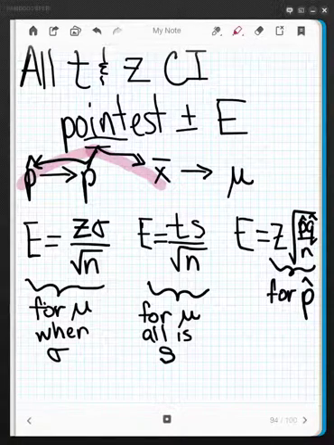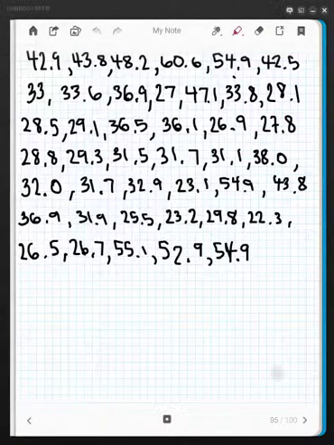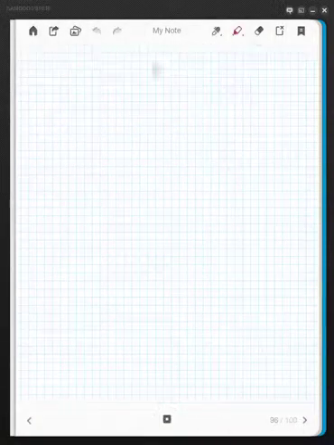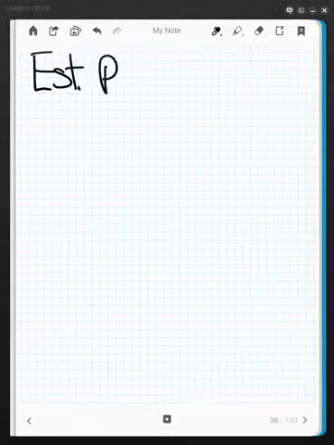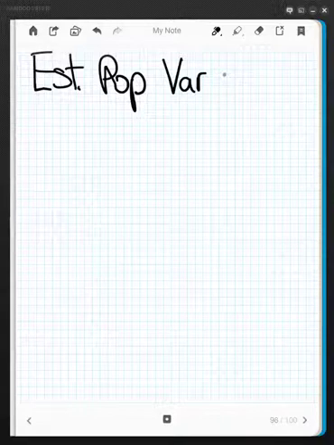So I'm going to now talk about the variance, which is the last thing that I cover. Estimating a population variance is not based on a symmetric interval.